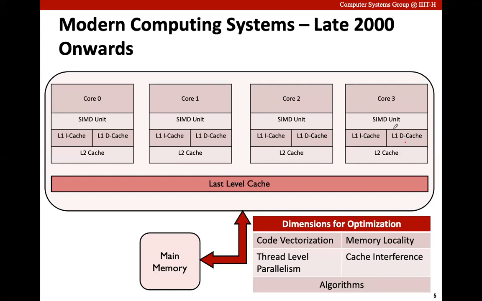With a SIMD unit, you can add a vector of 4 integers at a time. For example, a[1..4] = b[1..4] + c[1..4]. This is a vector instruction, and these kinds of things we can do using SIMD units.